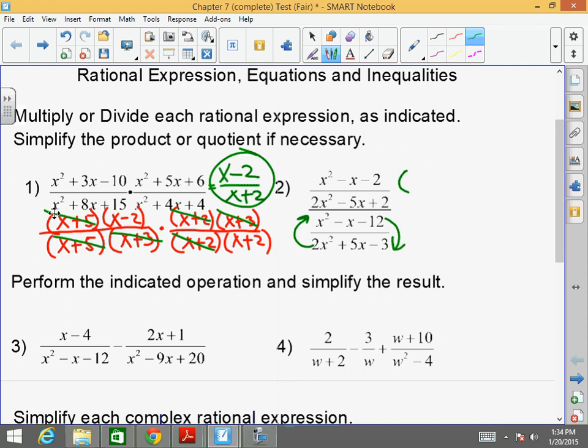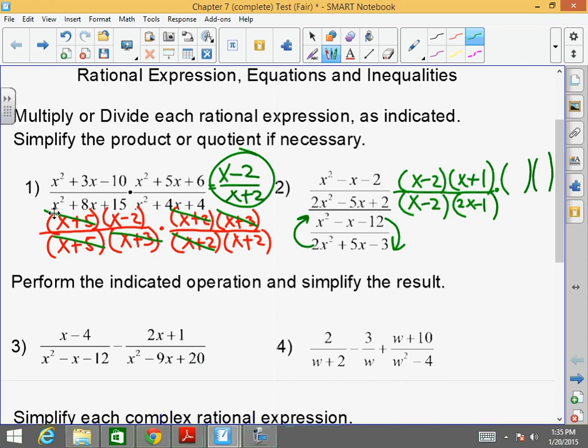So this top polynomial becomes x minus 2 times x plus 1. We're going to do the Cuban method. I'm not going to go through it all. If you don't know the Cuban method by now, I would relearn it if I were you. This factors out to be x minus 2 times 2x minus 1 times state change flip. Again, Cuban method.